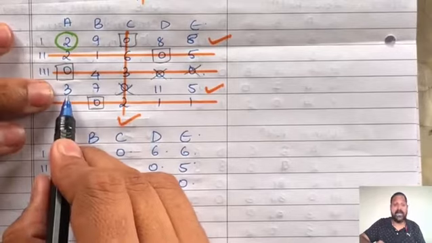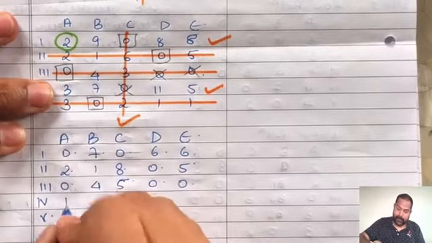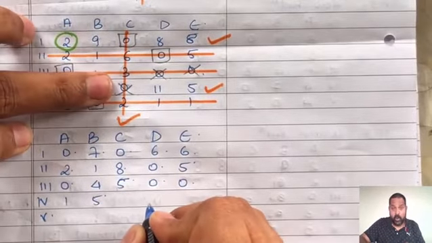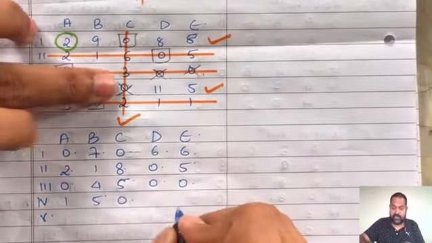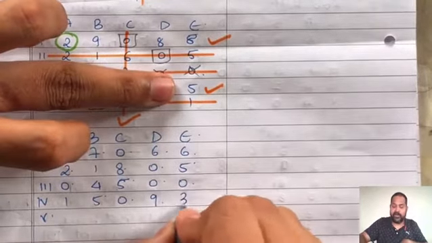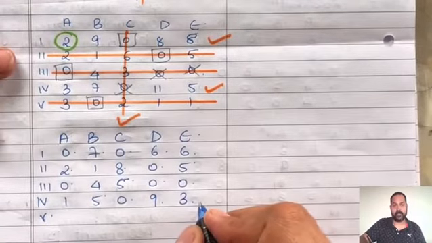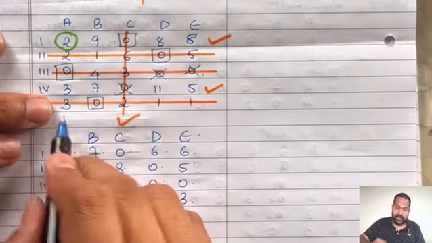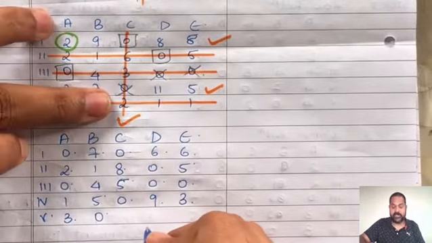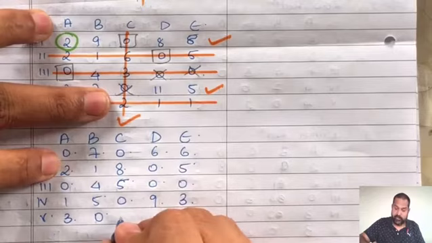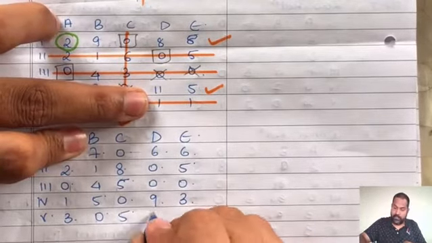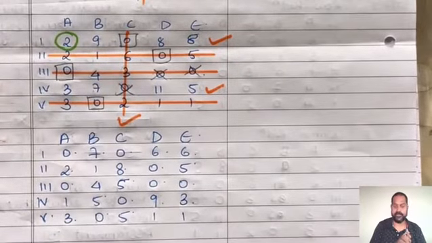Let's come to the next. 3 uncovered subtract, 7 uncovered subtract, 0 single covered untouched, 11 uncovered subtract, 5 uncovered subtract. 3 single covered untouched, 0 single covered untouched, 2 junction will become 5. 1 remains untouched, 1 remains untouched.